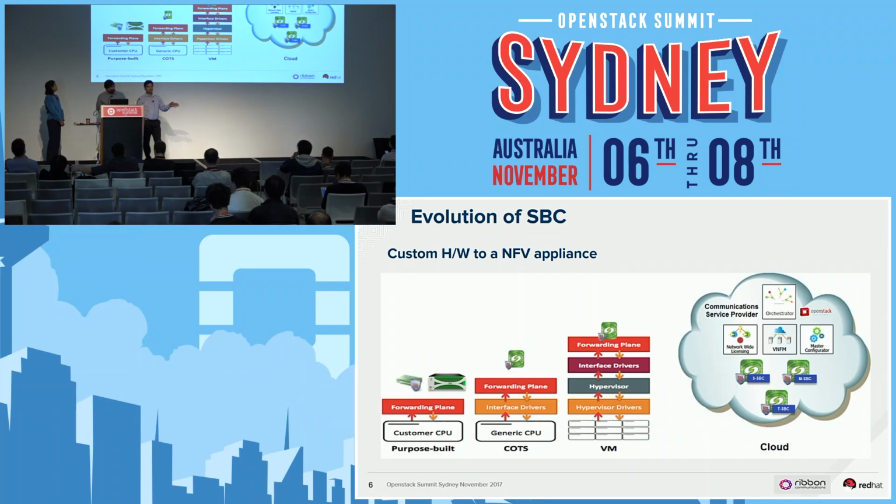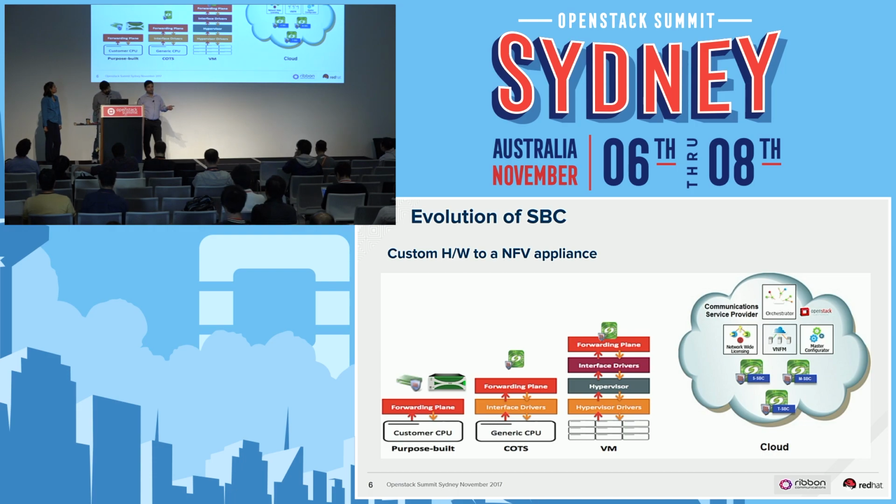So if you look at the traditional evolution of any Telco NFV app, unless it's a greenfield app developed from scratch, everybody has custom hardware, with a dedicated motherboard in which they select a network processor to do line rate packet forwarding. Then they have transcoder chips to do audio or video transcoding for a particular session or stream.